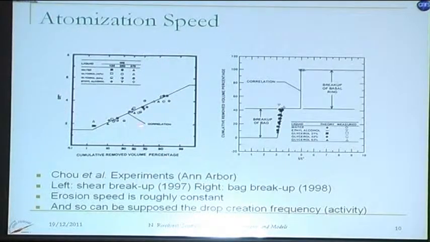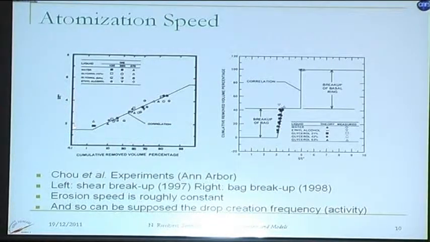In the same report, Professor Faeth with Hsiang, for instance, reported the atomization speed, non-dimensionalized by a characteristic time I will show you next. For shear breakup, here is the volume of atomized fluid.